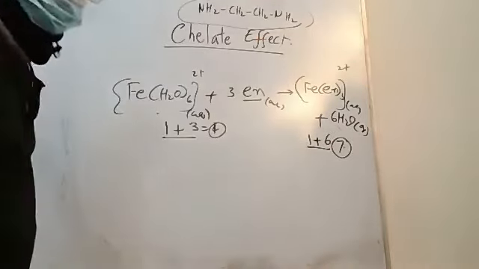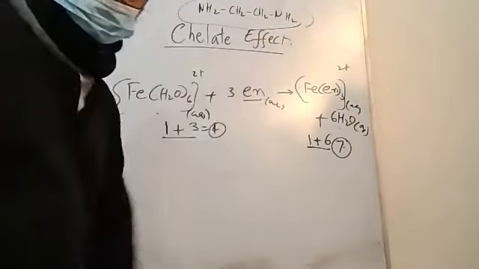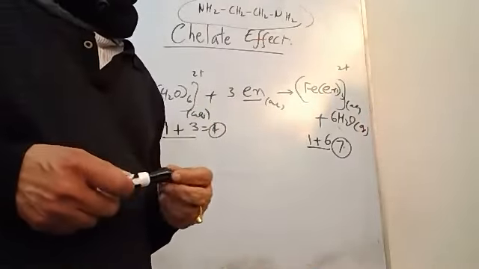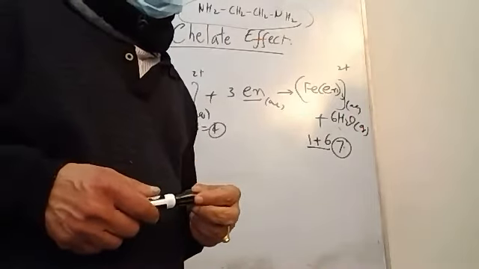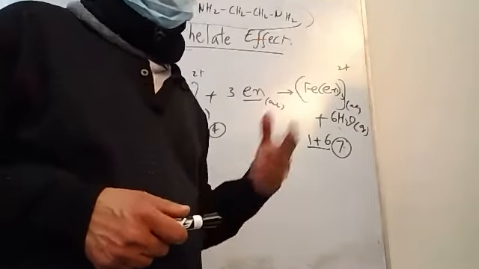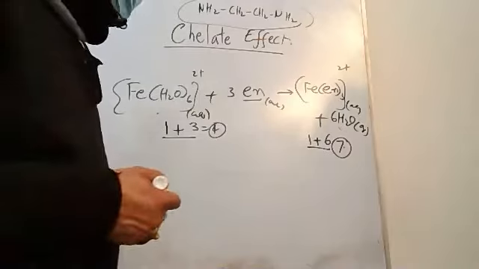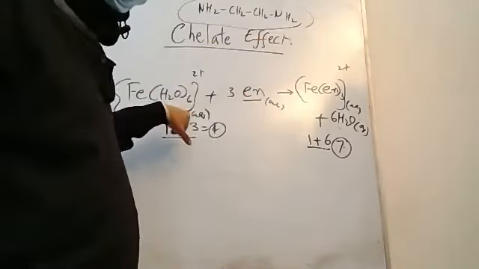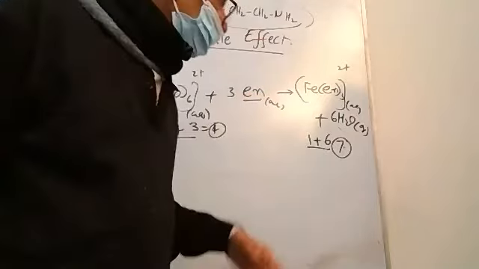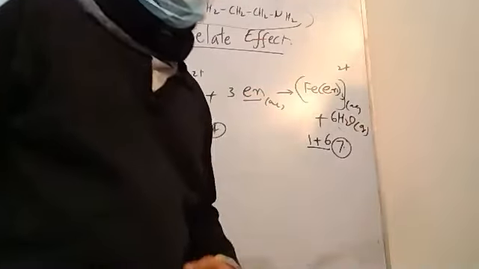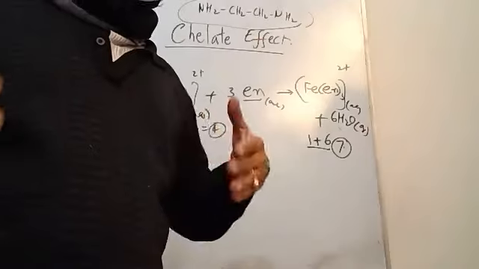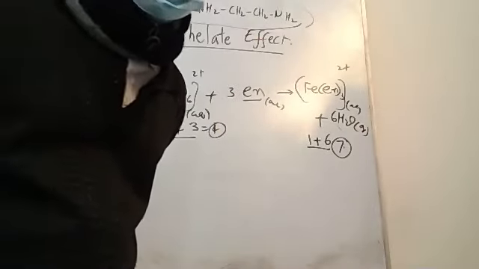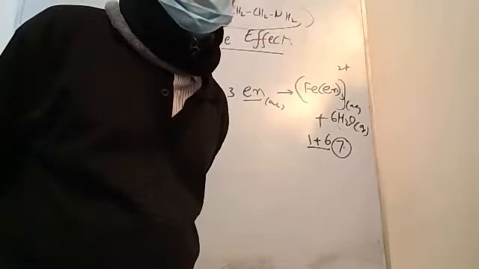So you're increasing the number of particles from 4 to 7. And physical chemistry tells us that if you increase the number of particles, you increase the entropy. And the second law of thermodynamics says that those reactions should be very favored. So anytime you have ligands that can chelate, that is multidentate ligands, they form stable complexes because they're entropy favored, or driven by the increase in the entropy.